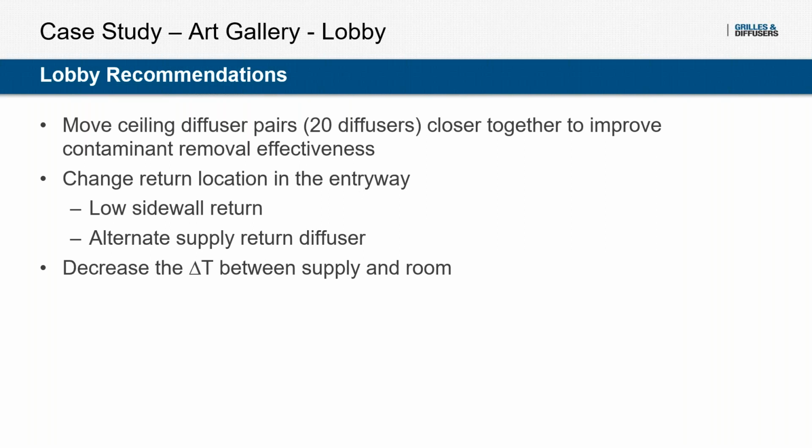We also recommended to change the return location in the entryway, some low sidewall returns, or to alternate the supply slot diffuser to be supply and return. And last but not least, to decrease the temperature differential between the supply and room air. We know that our system was oversized and that the temperature differential was creating some drafts. So bringing that supply air temperature closer to the room air temperature would help for both of these.